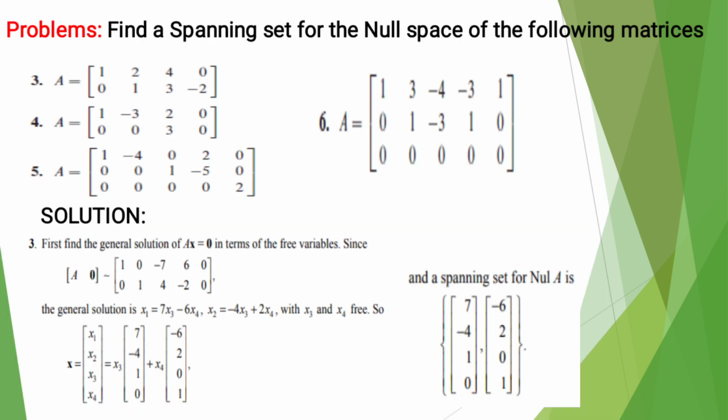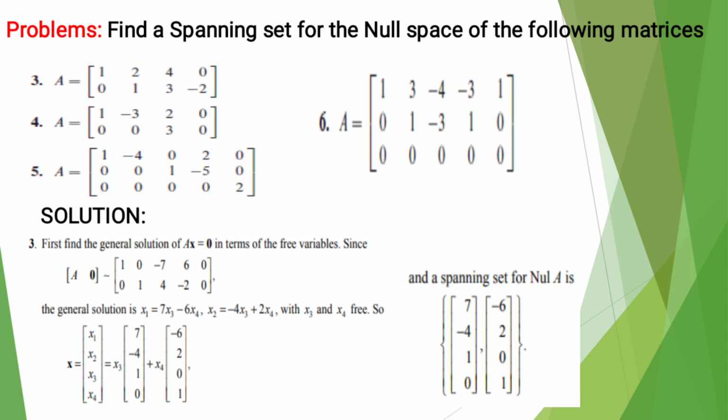Now the next problem is, find a spanning set for the null space of the following matrices. Same as in the previous problem. First, matrix A is reduced to upper triangular form. Again we write equations, and those equations are solved for x1, x2, and so on.